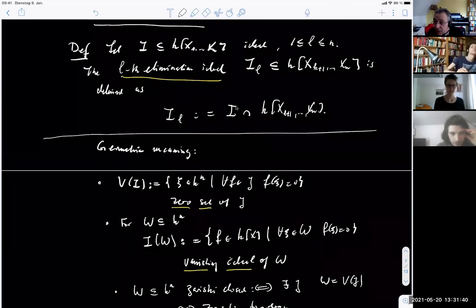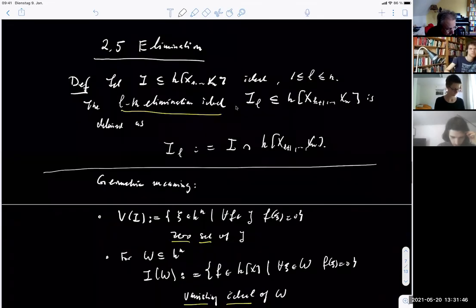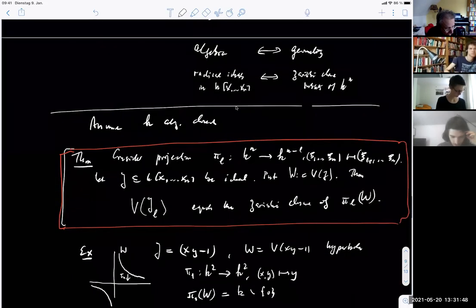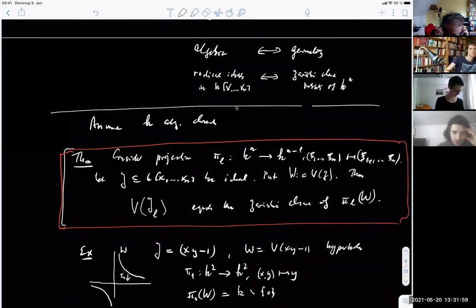Yes, question about the formulation of this theorem. I think it should actually be I of V of I_L, otherwise I of V of J_L. Sorry, let me be exact.